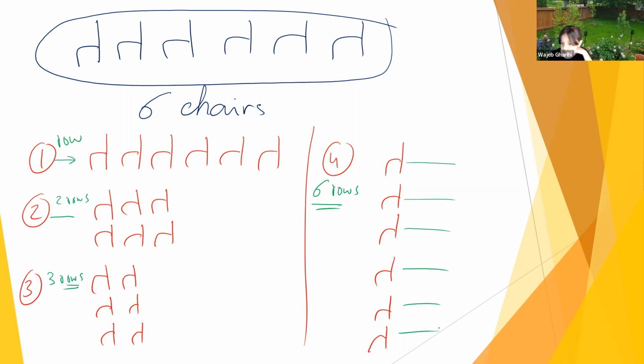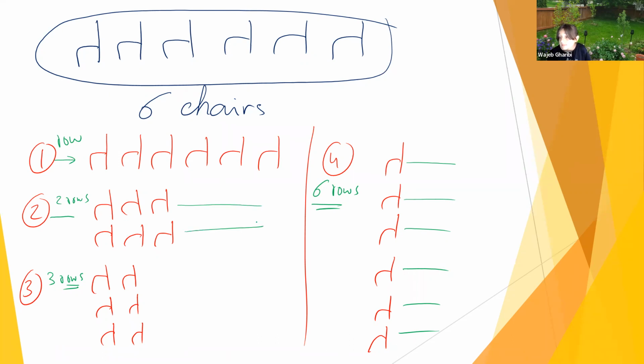And what are these? If you look, it means what are the factors of 6, Maria? The factors of 6 are 1, 2, 3, and 6. As you see here, 1 row, or 2 rows.